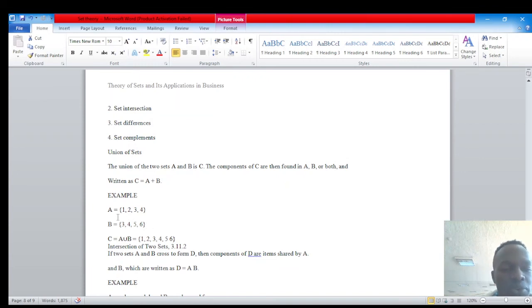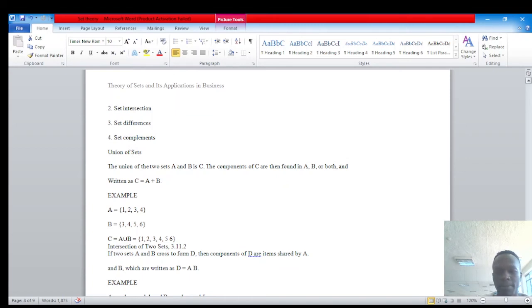So in the union, we represent an element once. An element must appear once in the union, and an element must not be missed. So 1, 2, 3, 4. 3, 4 is already represented, we cannot represent it again. So 5, 6. So it will be 1, 2, 3, 4, 5, 6. So A union B is equal to 1, 2, 3, 4, 5, 6.